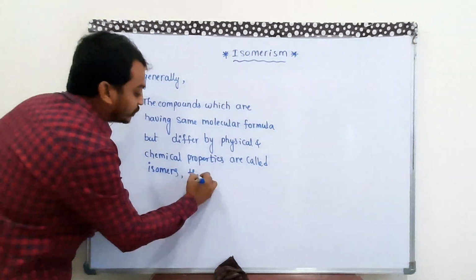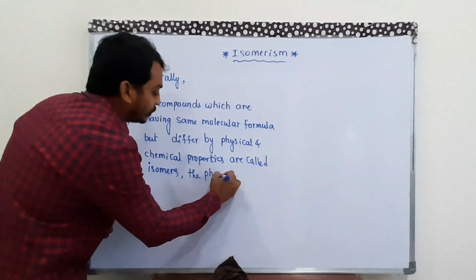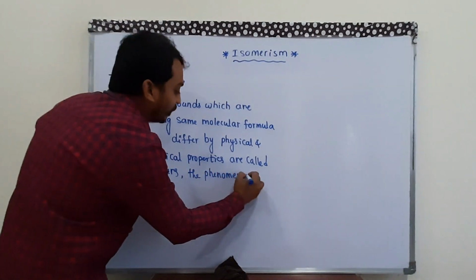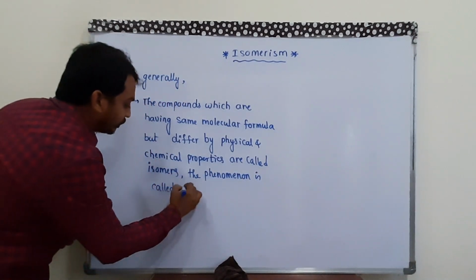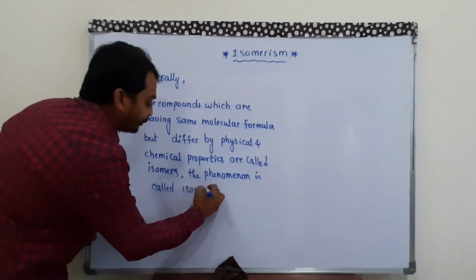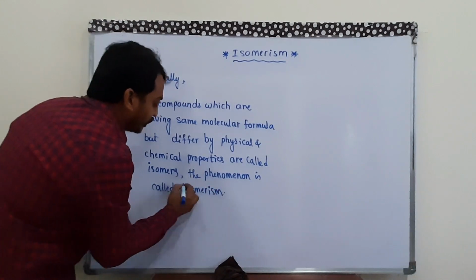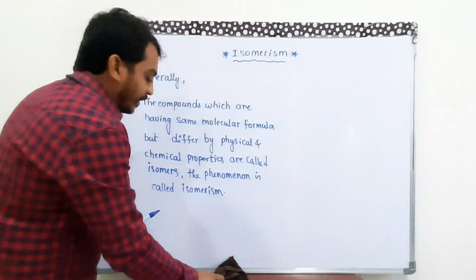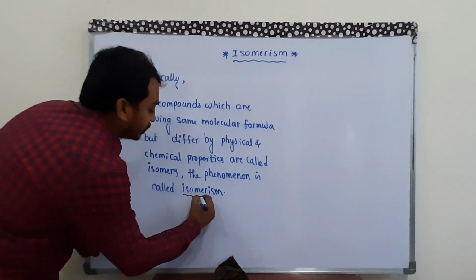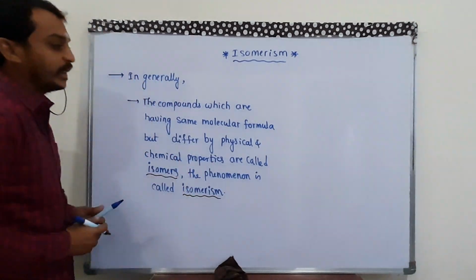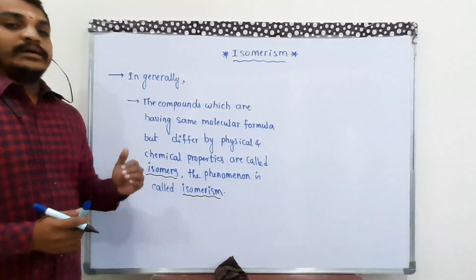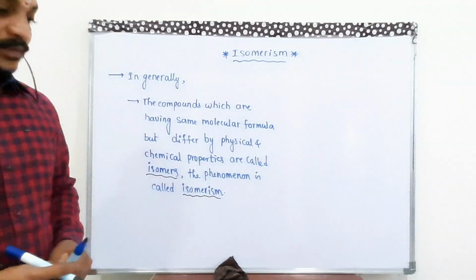The phenomenon is called isomerism. So this is isomerism, and these are called isomers. Let us consider an example.